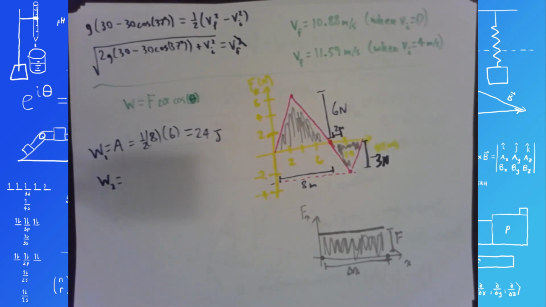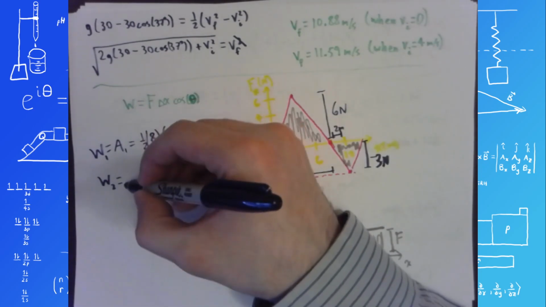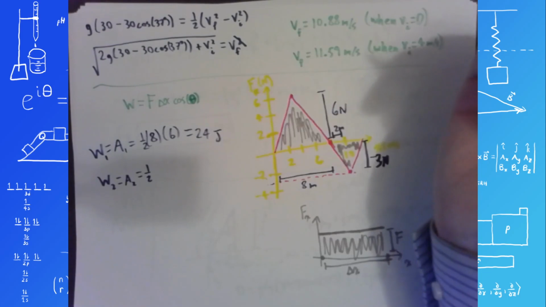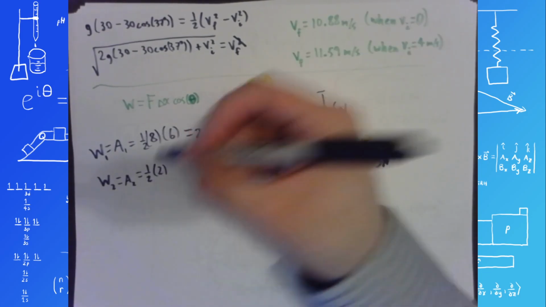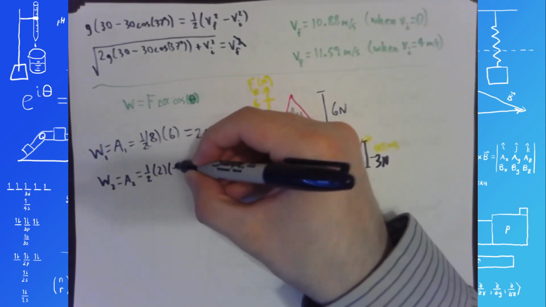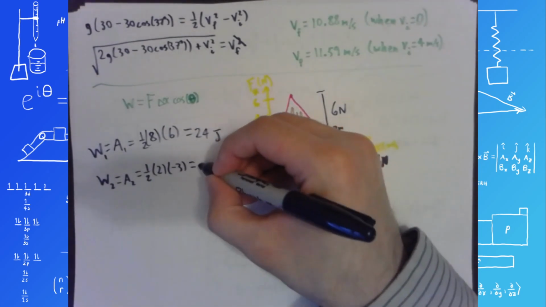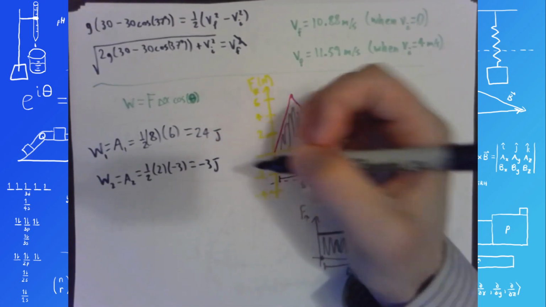And yeah, once again, I'll call it area 2 equals 1/2 base is 2 meters times height is -3 newtons. In geometry, we can't have negative heights, but in physics we can, because it's not actually height that we're measuring here, it's force. So 1/2 times 2 times -3 is just going to be -3 joules.